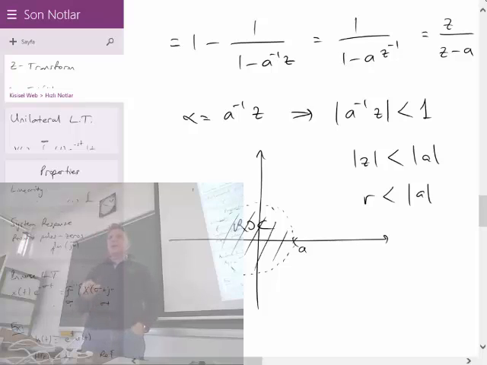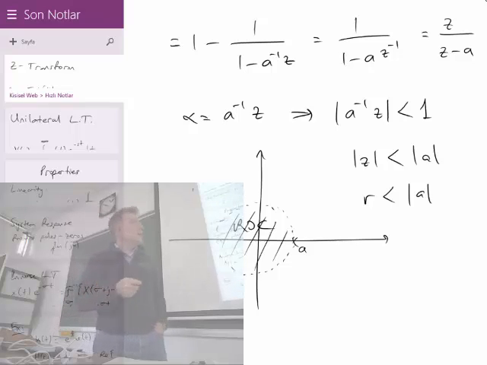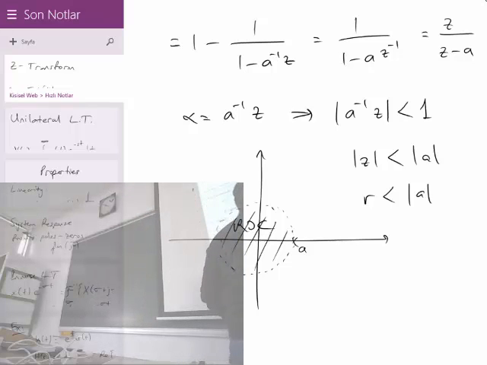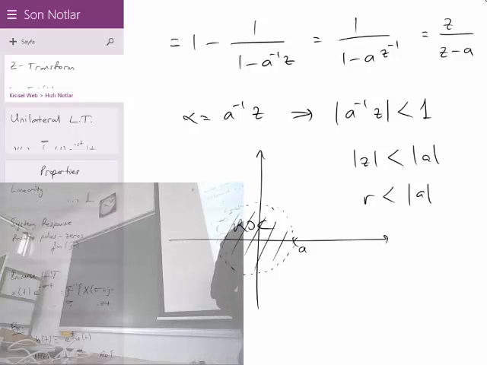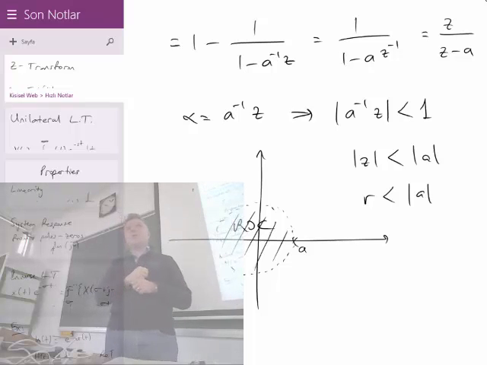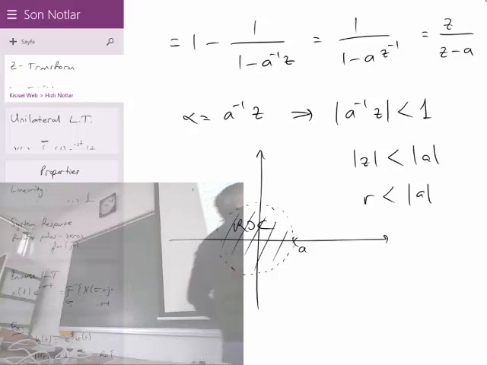And for this one to exist, for this one to be stable, or the Fourier transform to exist, the conditions are just the opposite. This A must be greater than 1. Because if A is greater than 1, then 1 is somewhere here. And when you draw a circle, that will be your unit circle. It will be inside the region of convergence. If A is less than 1, then 1 will be somewhere there.